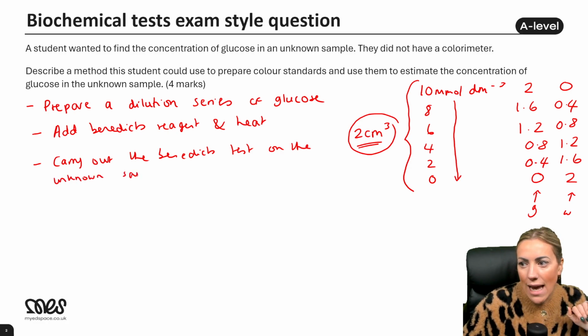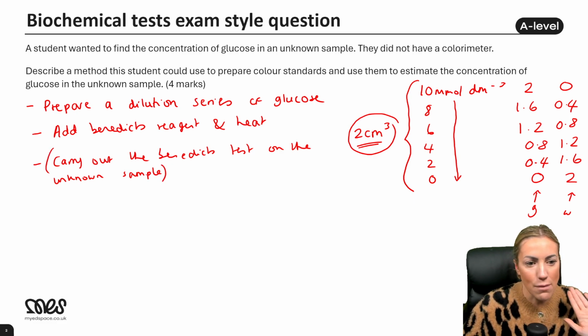Carry out the Benedict's test on the unknown sample. Now, I actually don't get any marks just for saying this alone. I need to say something a little bit more specific to get the mark here. So when I'm carrying out this Benedict's test, because I want to compare the final colour of the unknown solution to the colour standards that I've produced earlier, I would have to make sure that I carried out that Benedict's test in exactly the same way.